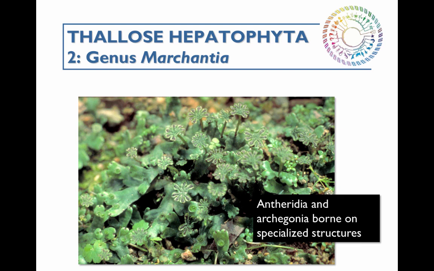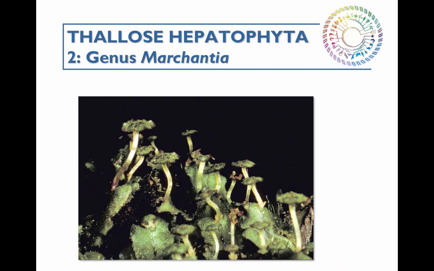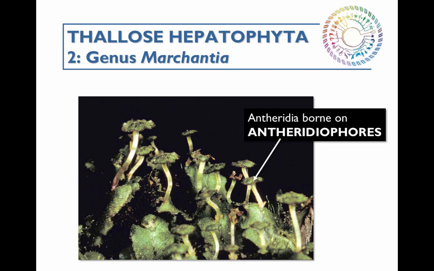So let's have a look at those in a little bit more detail, beginning with this photograph here. Here we've got a whole series of structures which are actually called the antheridiophores. Now the word ending phore, P-H-O-R-E, means a structure which is bearing something else. So this antheridiophore is clearly a structure which is bearing the antheridia.